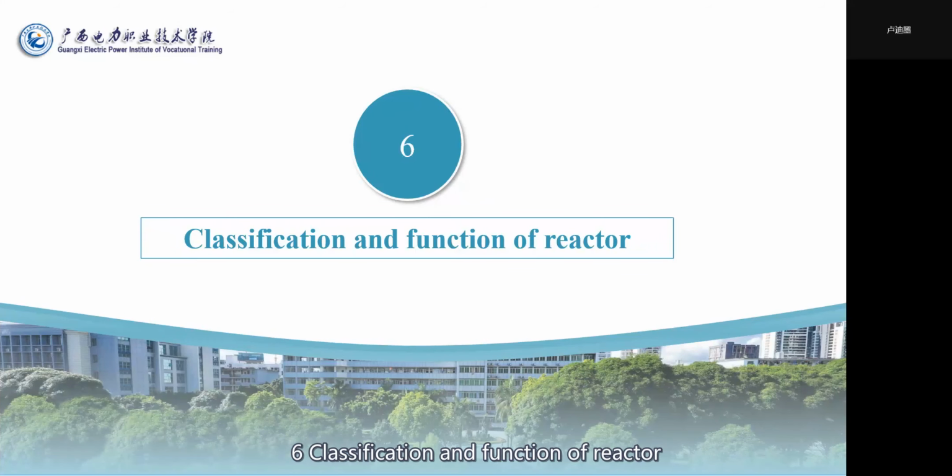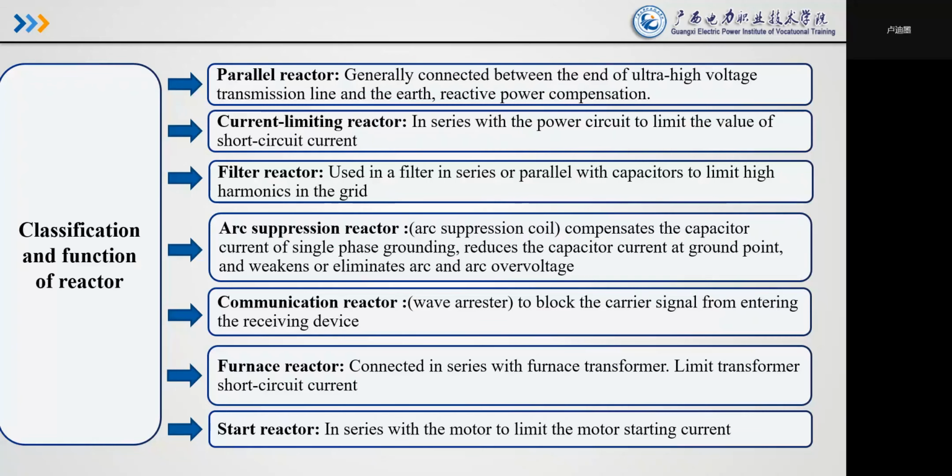Six, classification and function of reactor. Parallel reactor: generally connected between the end of ultra-high voltage transmission line and the earth, for reactive power compensation. Current limiting reactor.